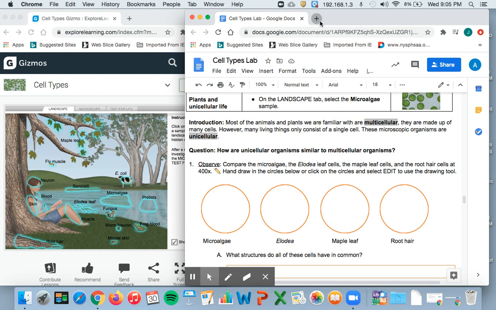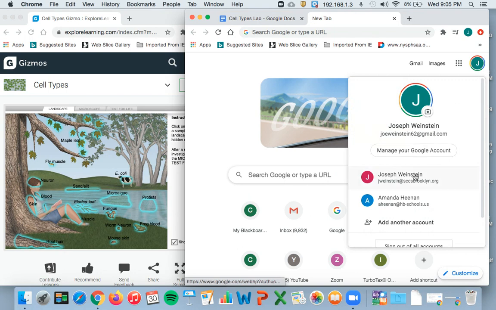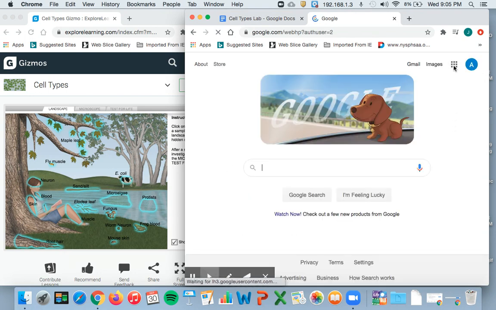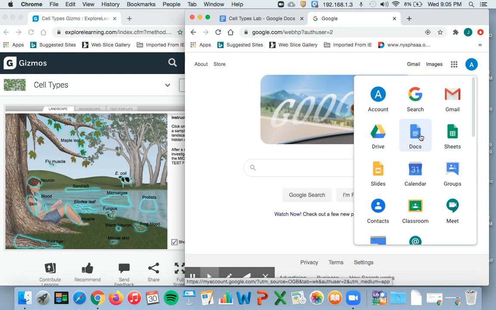So I'm actually going to open up a document for you. If you give me a second, I'll sign into our account. In this document, I took images of our samples and put them side by side.